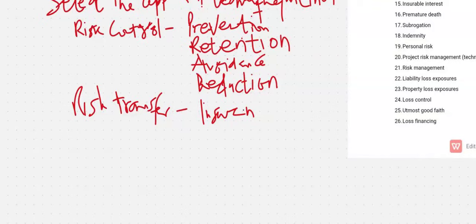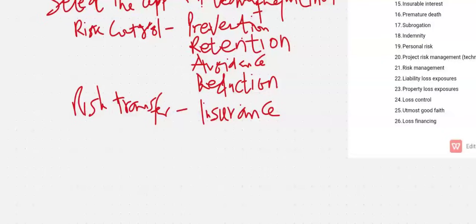So what is insurance? It's the transfer of losses from the insured to the insurer. Then you can continue pooling of resources to indemnify the whole of that. Risk transfer is insurance. You transfer the risk.